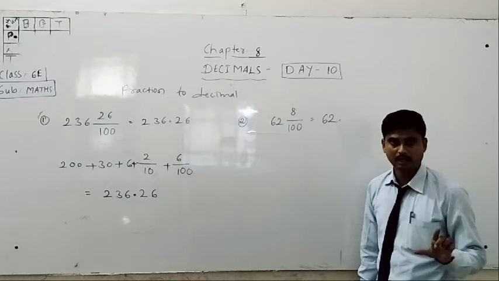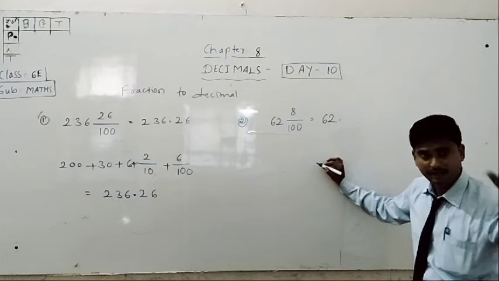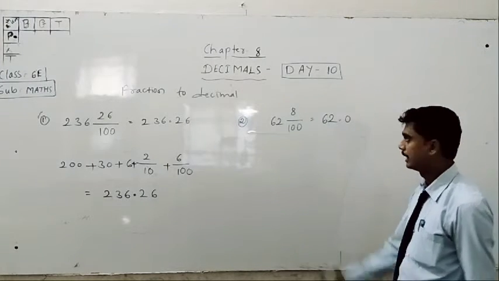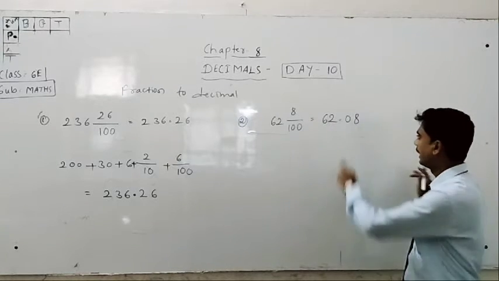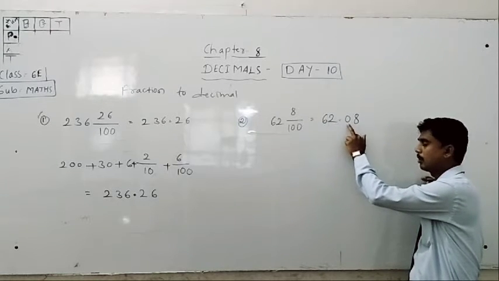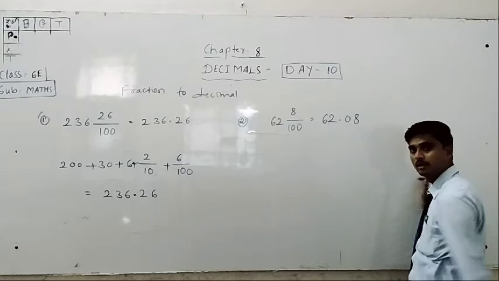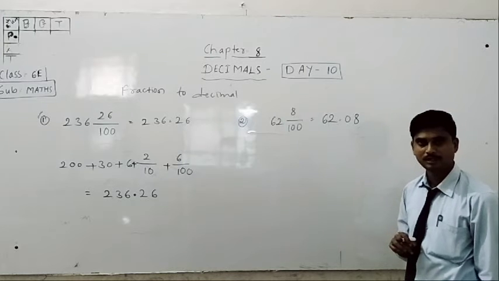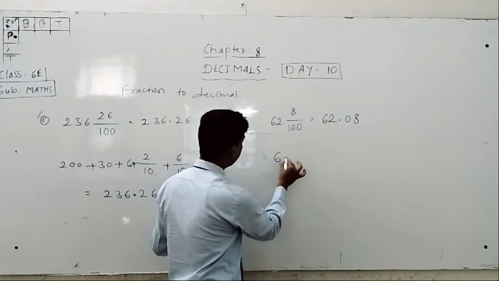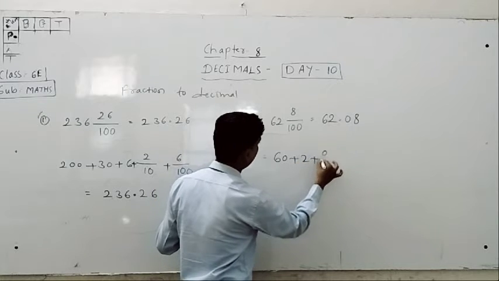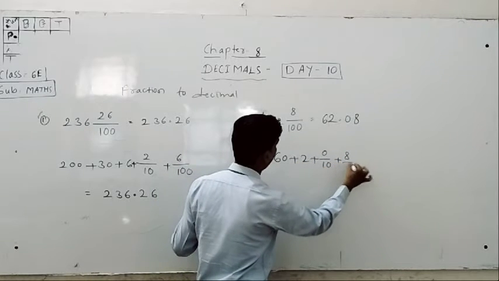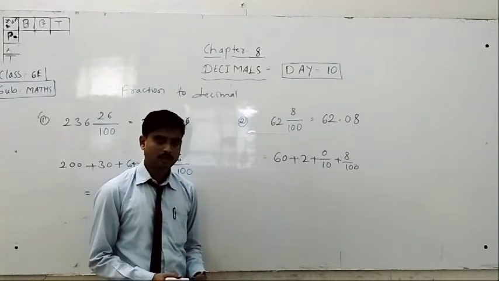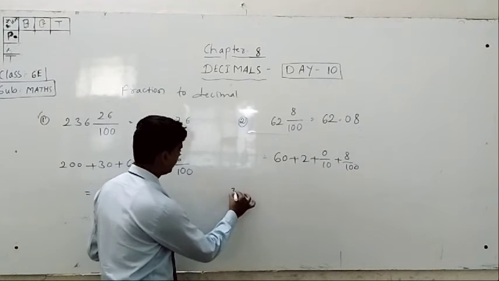When it is not given, you should write 0 there. Then 8 is in the 100th place, 0 is in the 10th place. You need tens. Understood? Or we write this as 60 plus 2 plus 0 by 10 plus 8 by 100. This is the expanded form. Understand? Okay.